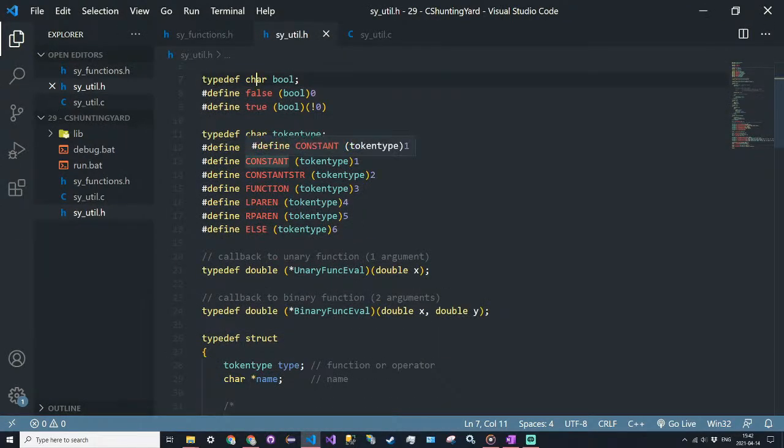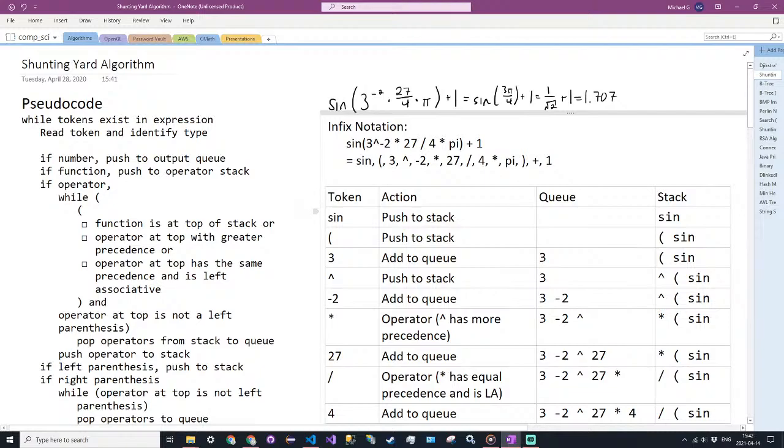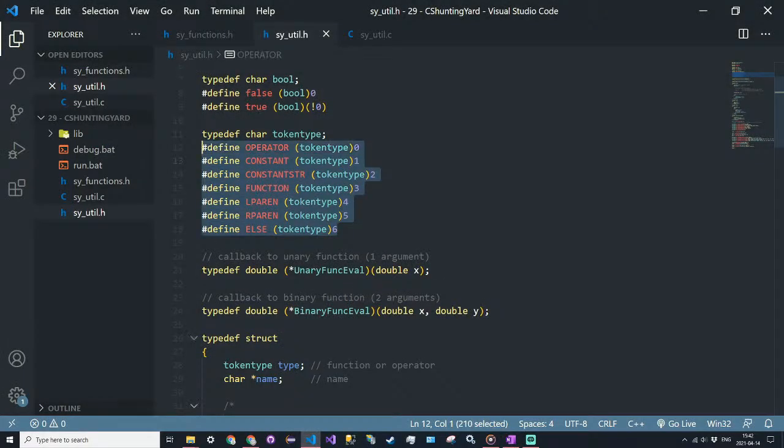And then we also typedef a character into something called a token type, because, as I said, the type of the token is very important. In token parsing, we need to classify each token as an operator, a function, a left parenthesis, a constant, and so on. These are all defined right here, and we just use a character to store that.